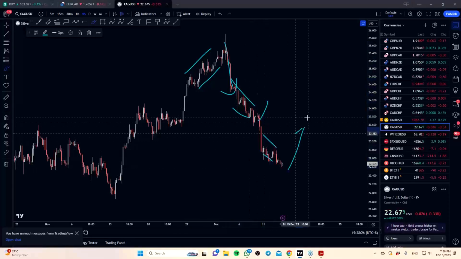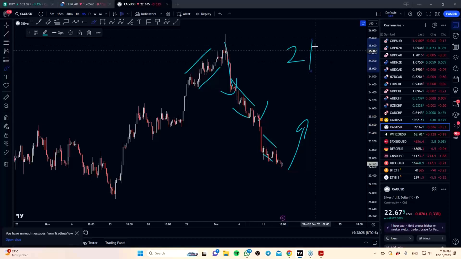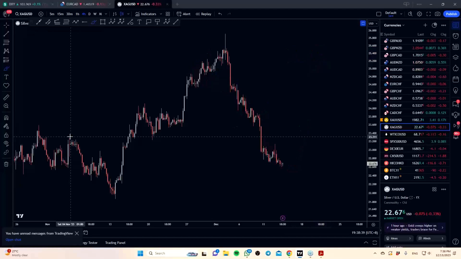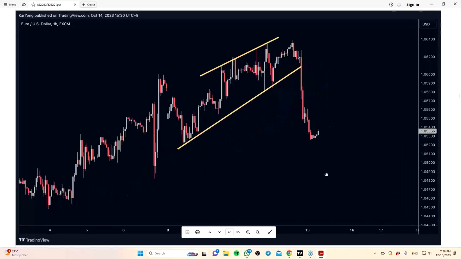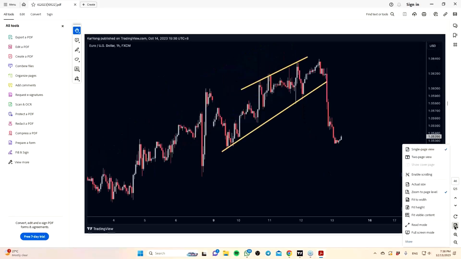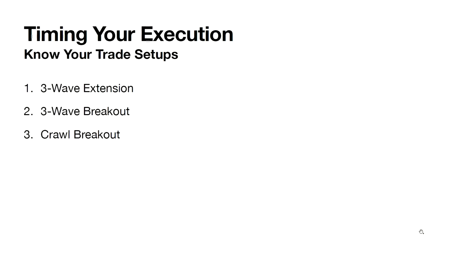This crawl here, if it bounced, then we have at least 2 out of 3 times, right? I mean, 2 out of 3 is still a very small sample size. Okay, but what I'm sharing with you is the pattern tends to repeat and there's a high probability of working. But it's not 100%. So don't get me wrong, right? It's not something where you see a pattern and you go all in, right? That doesn't work out. Okay, so those are the two patterns that I wanted to share with you guys, right?